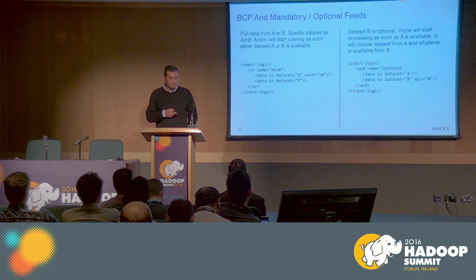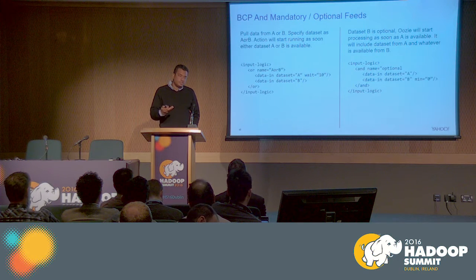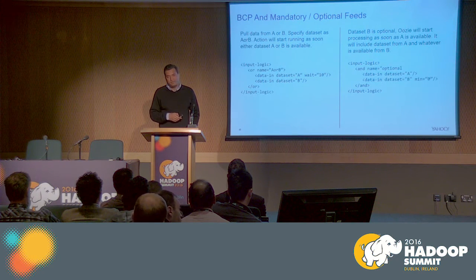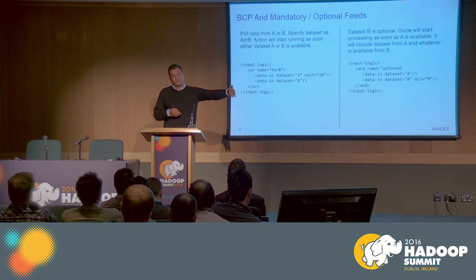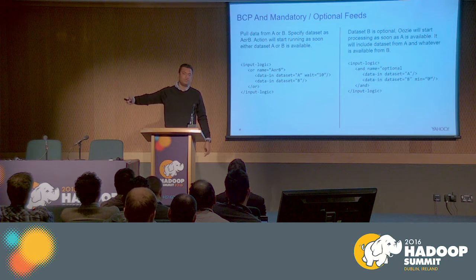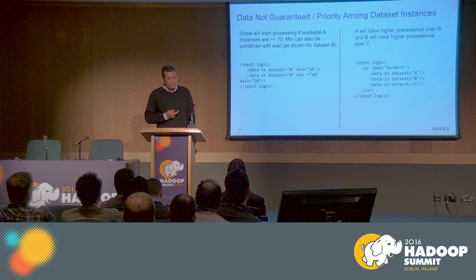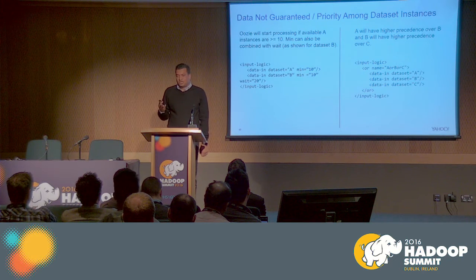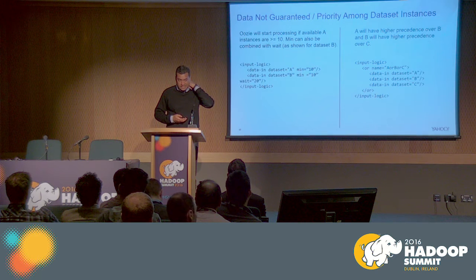This is an example where you declare certain data sets as mandatory, certain data sets as optional, and manage that very, very well. You could also specify a primary data set and a BCP data set, and if the primary data set is not available, you can always read that data set from a BCP instance. In many cases, data is not guaranteed, but you still want to continue processing. You can specify that very easily.